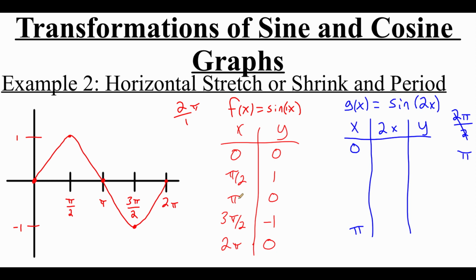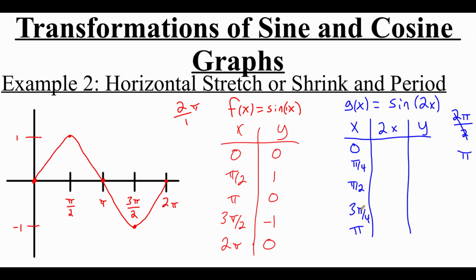Now, this middle point where we have pi is halfway between 0 and 2 pi. So if I figure out what's halfway between 0 and pi, that would be pi over 2. Halfway between 0 and pi over 2 is pi over 4. And halfway between pi over 2 and pi is 3 pi over 4.